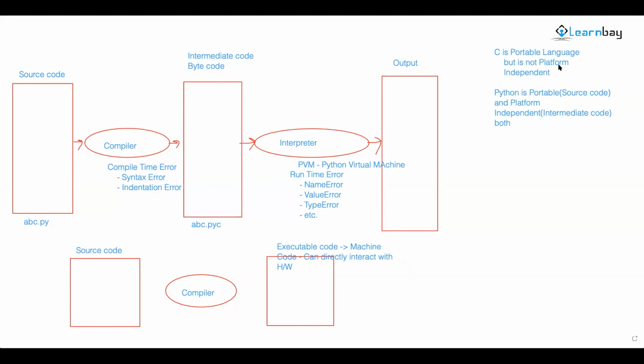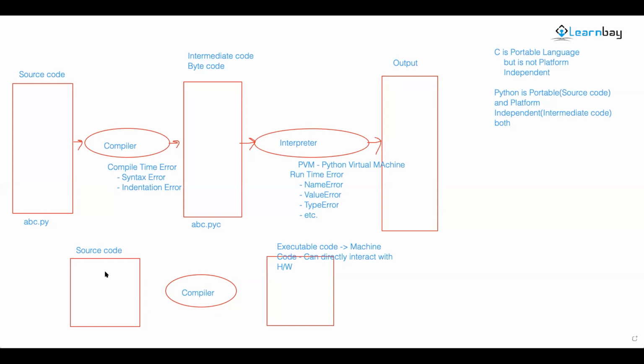But we can use the source code on any machine, and with the compiler, it will interact with all the hardware. So I'm not understanding this part. How come it's platform dependent and independent? There are two parameters coming into the context? There are two things.